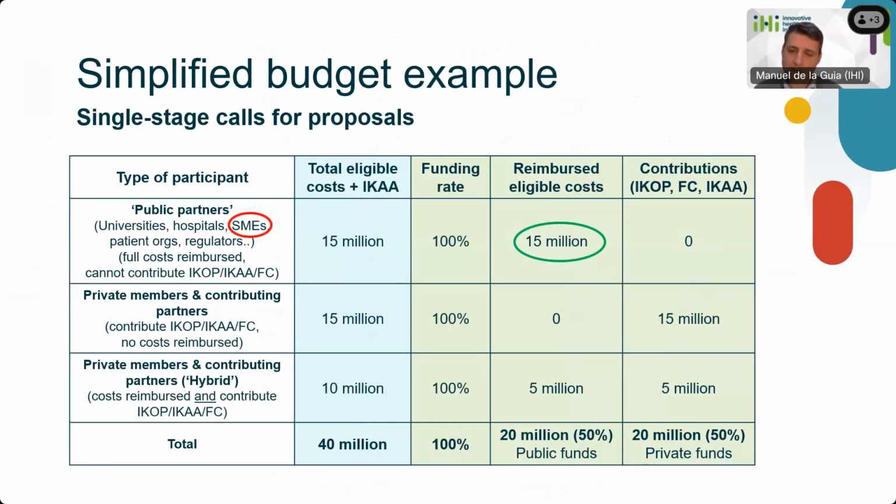So that's another possibility for an institution to come in with some funding, but also request part of the costs. In total, we would get 20 million of reimbursed costs, 20 million of contributions, 50-50. We're safe. For more details, join my financial colleagues on their webinar.